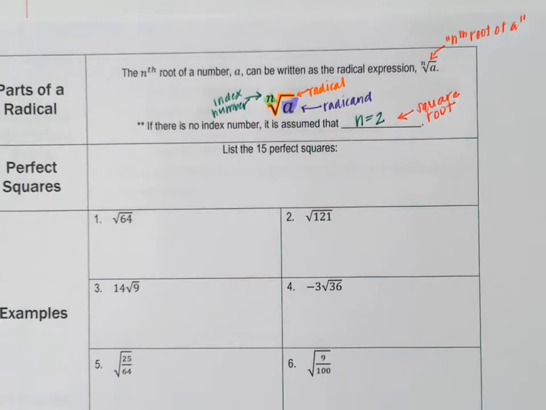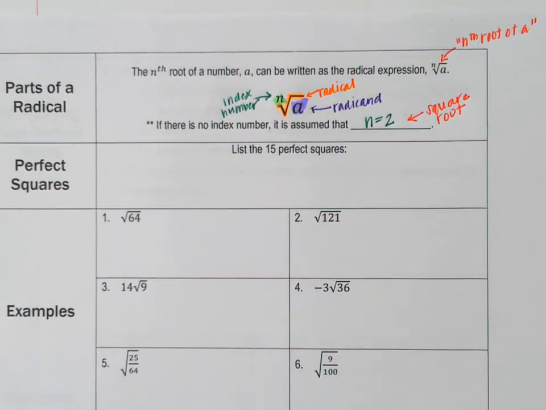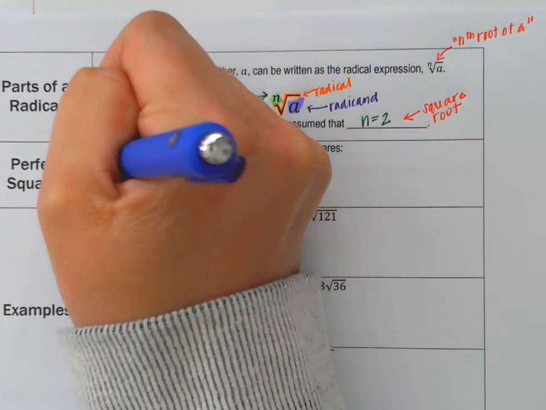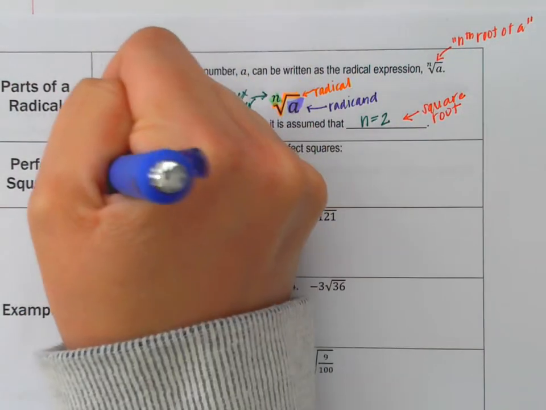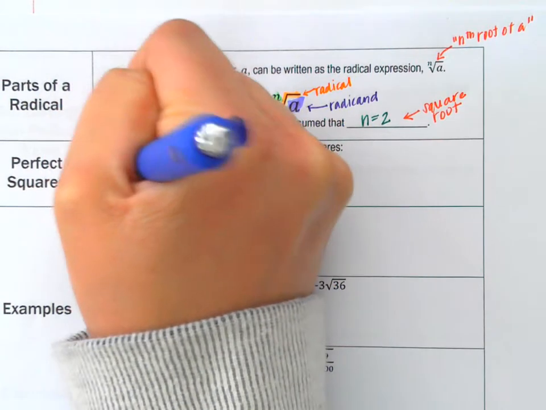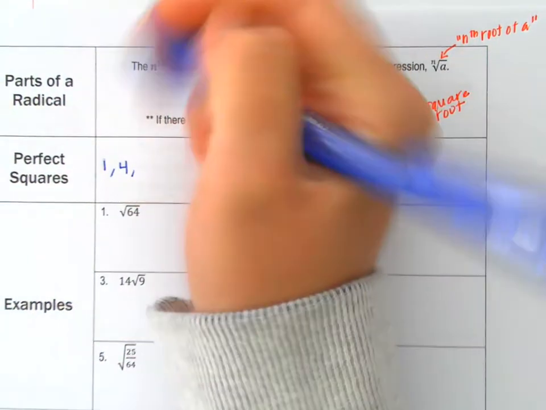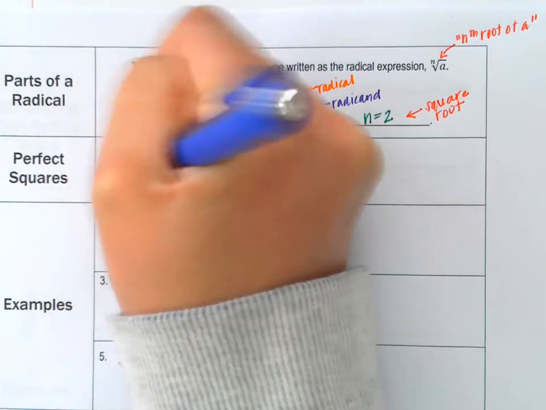Okay, so what I want you to do is think about our perfect squares. Perfect squares are the numbers that we can take a square root of. My first perfect square would be 1. 1 times 1 is 1, and then 2 times 2 is 4. 3 times 3 is 9.